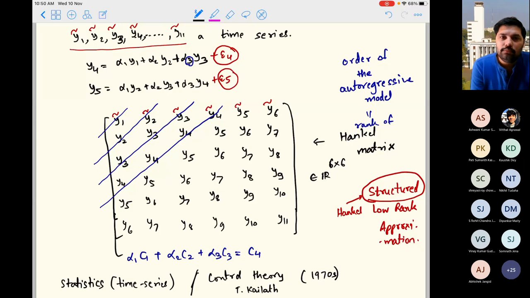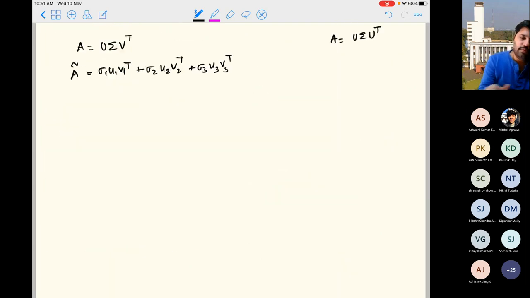Sir, as you said, for a symmetric matrix, the singular value decomposition will be U sigma U transpose. Yeah.